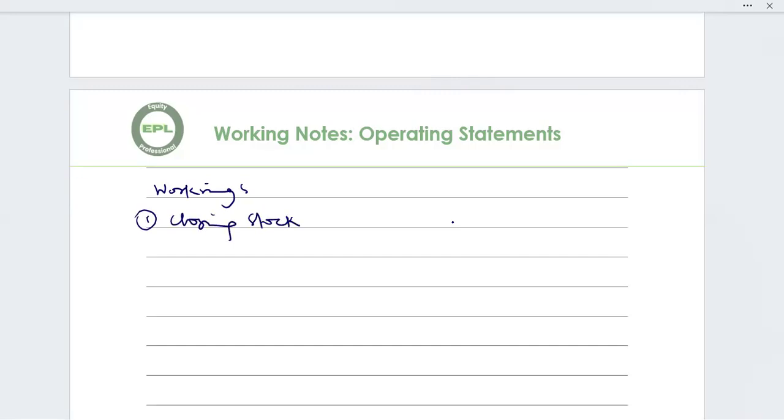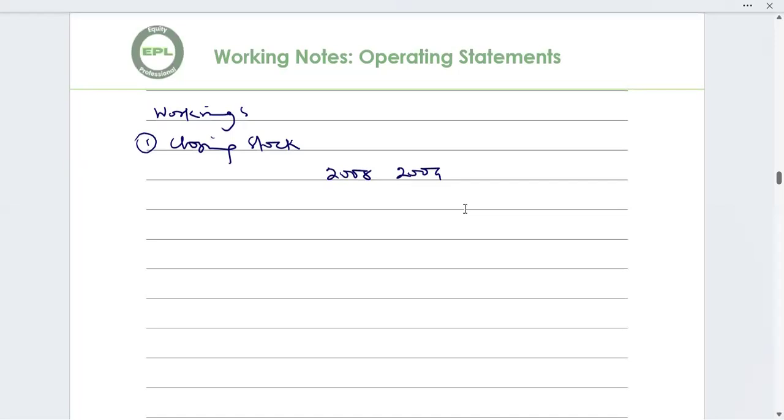Okay. So we have 2 periods, which is 2008, 2009. When you want to determine closing stock, it is simply opening stock plus actual production for that year, then less units sold. So I will come here, opening stock. In 2008, opening stock is 28,000 units.